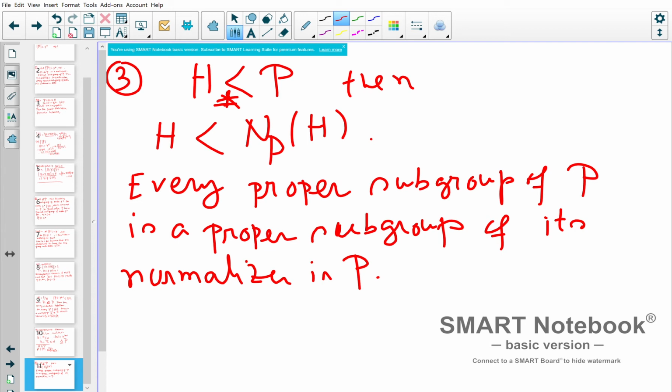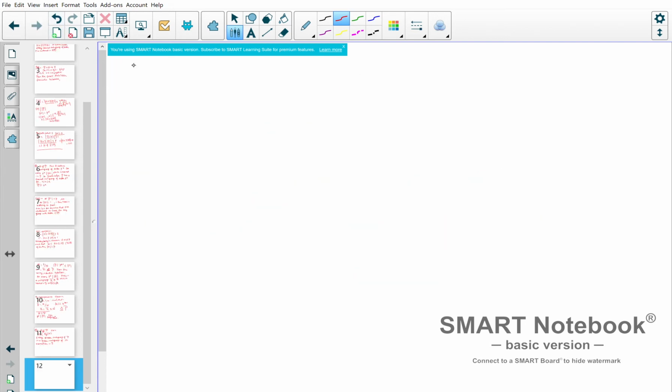Okay, and the proof is also along similar lines. There are small tricks, so let us try to understand that.